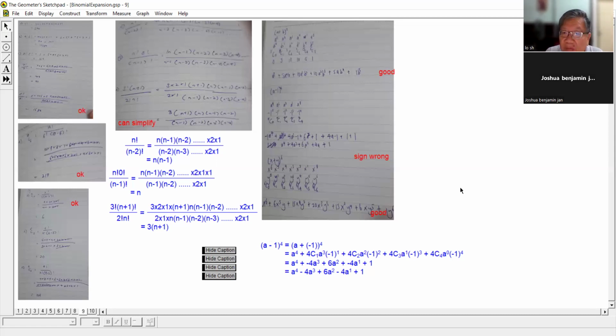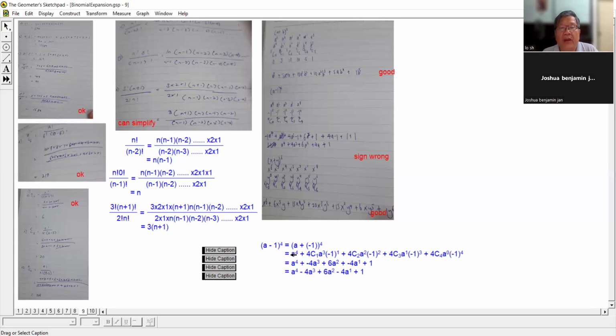Once one piece of information is given to you, the rest you should be able to write out. So here, the first one is 4C0 a to the power 4, and b to the power 0 is 1.